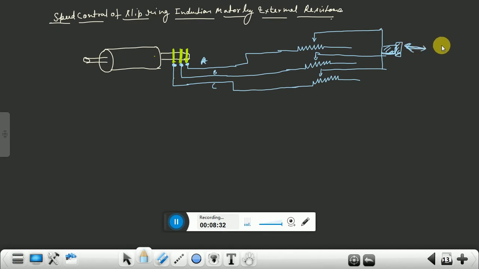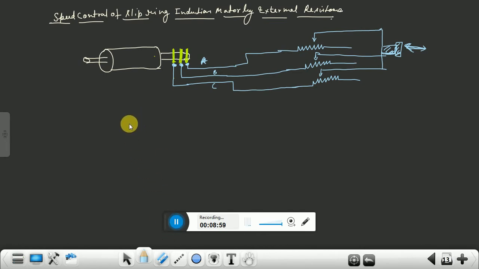Either move in right direction or left direction. So when we move this jockey, our resistance is changed, and this resistance is added to or subtracted from our winding resistance.